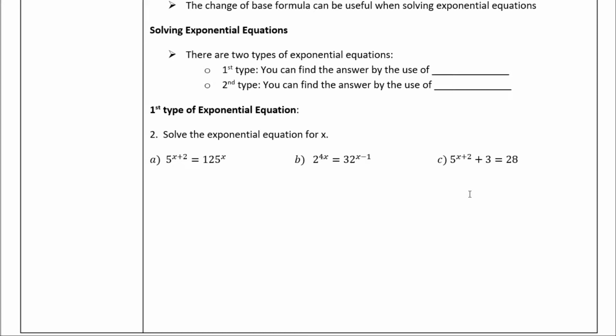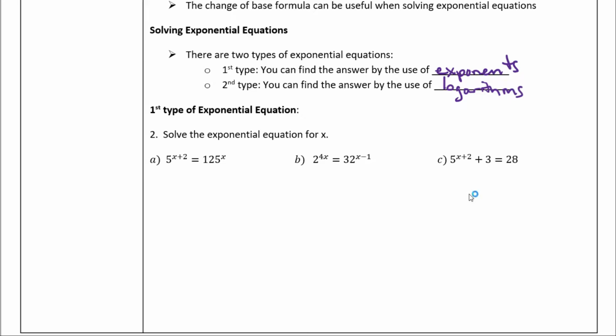The first type of exponential equation, you can generally find the answer by using your exponent properties. And the second type, there's no way that you could do it in your head, and there's no way that you can do it with knowing your exponent properties. So we use logs for that. All right, so let's look at the first type.